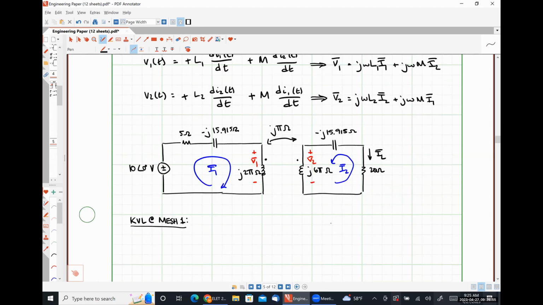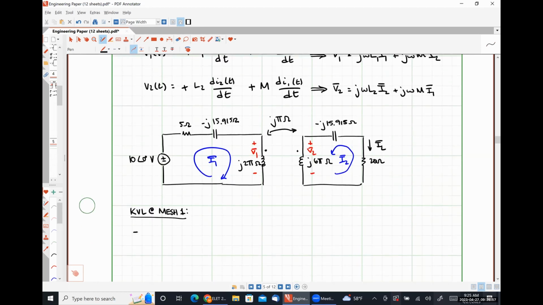Right. So I'm going to have negative 10 angle 0 degree volts plus 5 minus J15.915 ohms times I1 plus V1 is equal to 0.